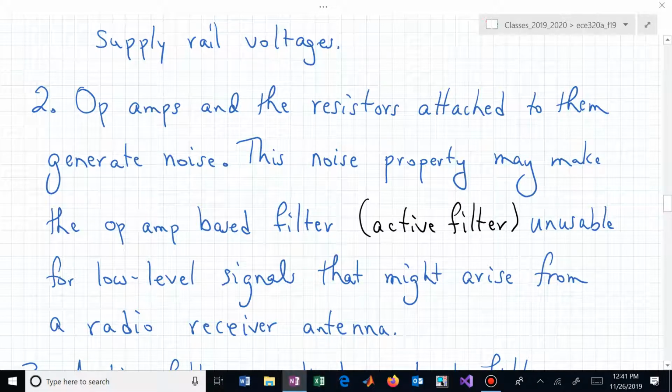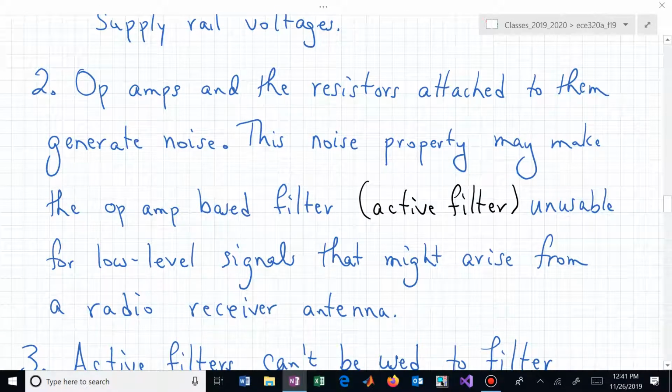And because of that, now we may not be able to use an active filter when we have a very low level signal that we are trying to filter. If we're now picking up some radio signal from an antenna that's very low level, it may be difficult to distinguish between what's the signal and what's the noise produced by our op-amp circuit itself. And we really want to be able to distinguish between signal and noise.